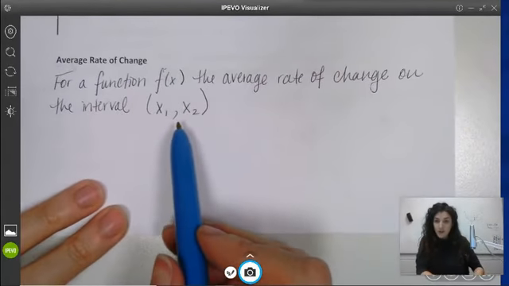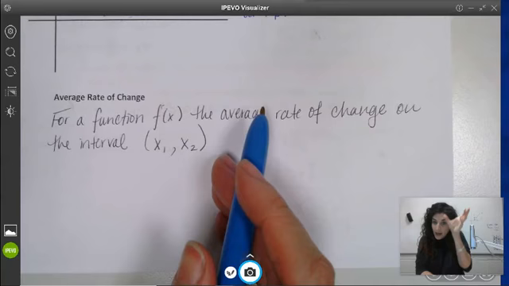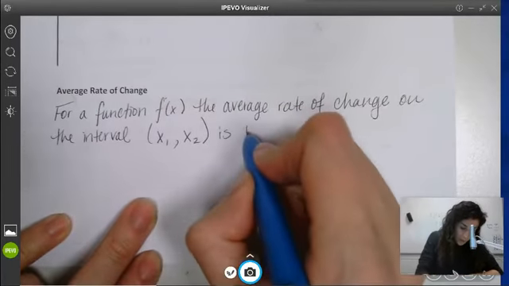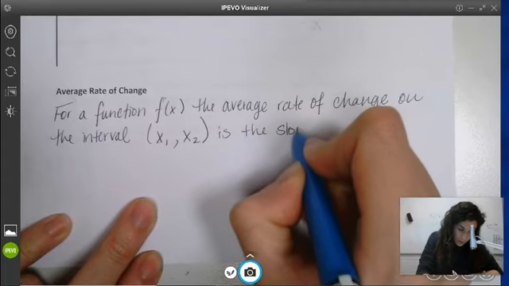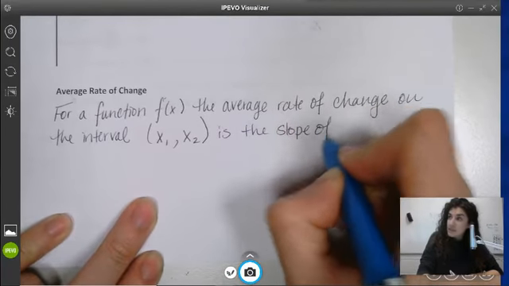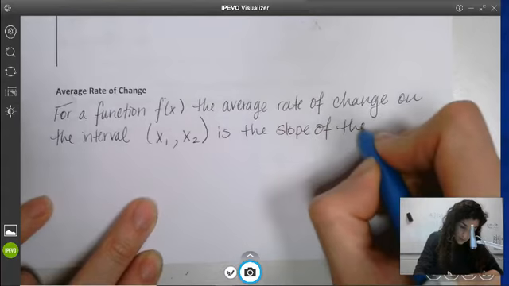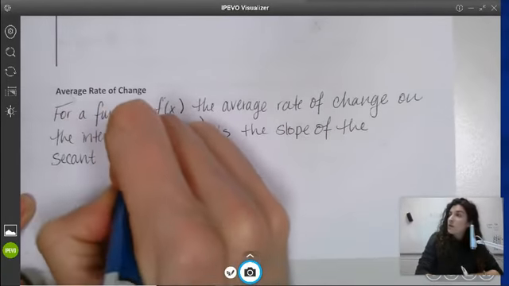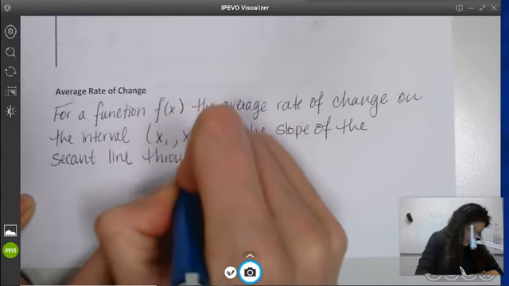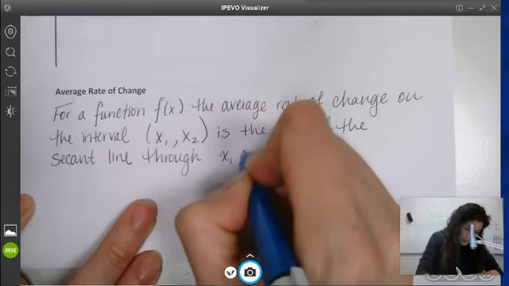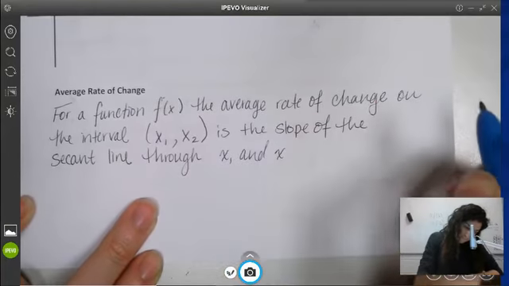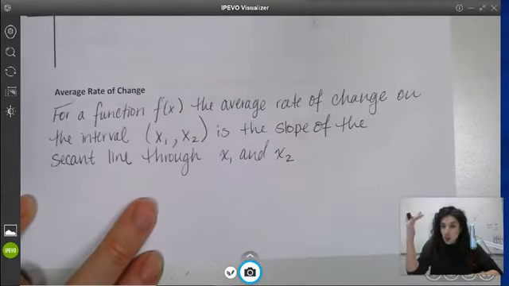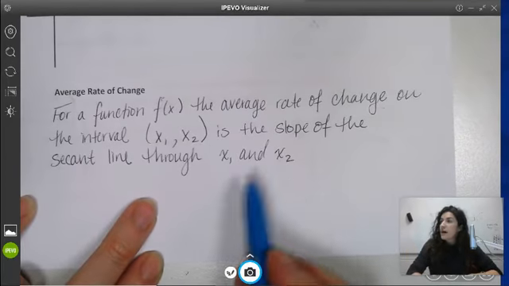So this is an interval, not a point. So between 2 x values, this interval is the slope of the secant line through x1 and x2.